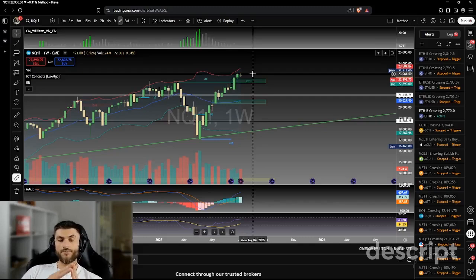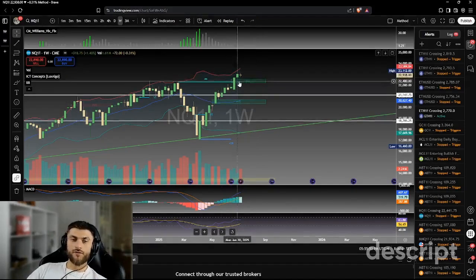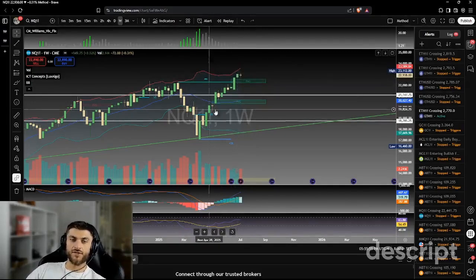Dojis just signify indecision in the market and a lack of follow through from the trend preceding the doji.